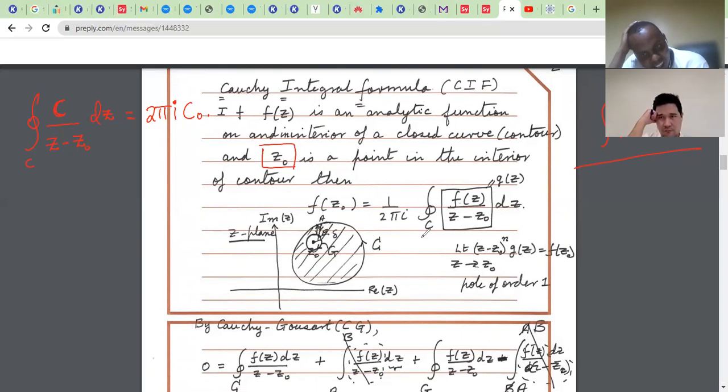I'm trying to prove it from the other theorem about 2 pi i. So what do we know? We know that the integral of 1 over z minus z naught dz is 2 pi i, right? Yes.